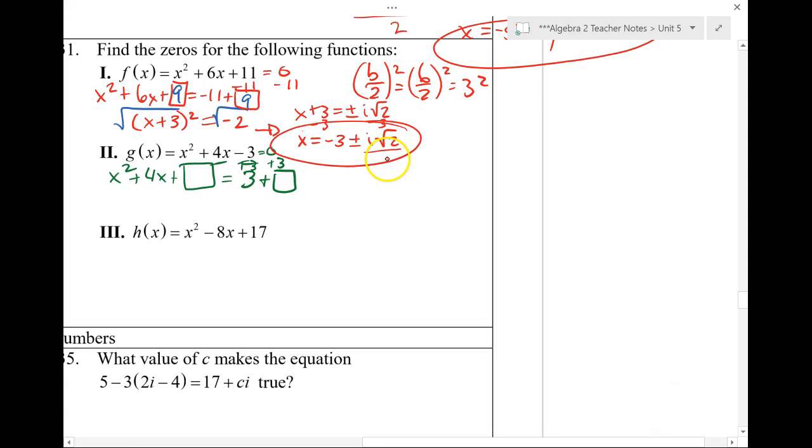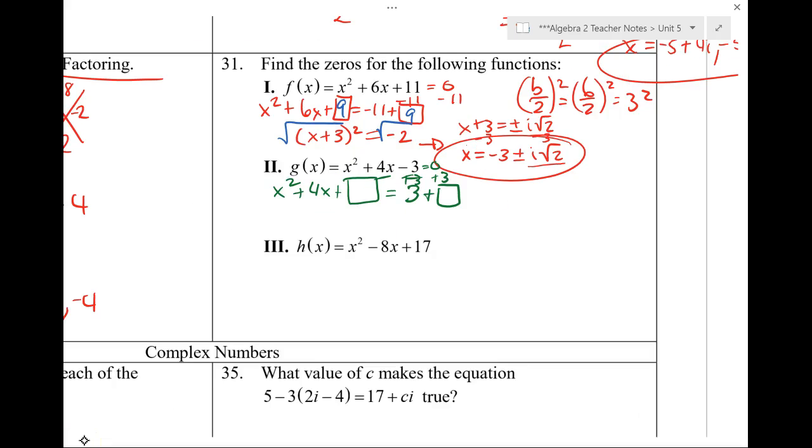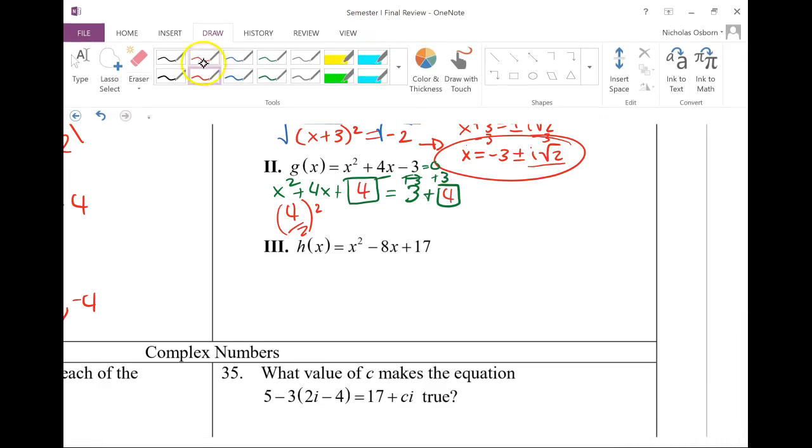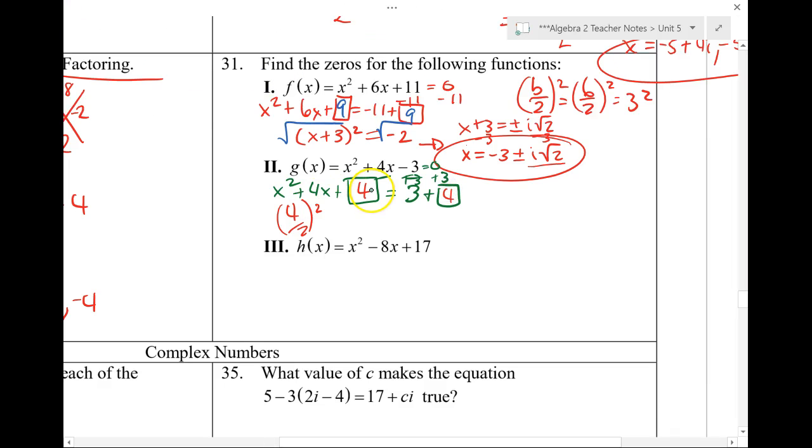Remember, 4 divided by 2 squared. Well, that's 2, which is 2 squared, which is going to be 4. So 4 here and there. Okay, let's rewrite our equation. And I know that that will factor out to x plus 2 squared, and we have 7 over here.